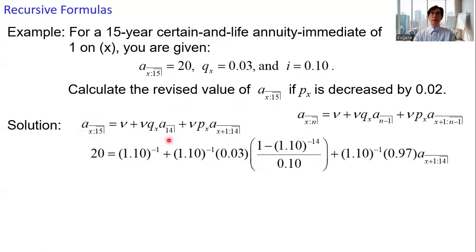So a angle 14 is given by this expression. q_x is 0.03, and the corresponding value for p_x is 0.97. From this expression, we can get the value for the 14-year certain and life annuity immediate, which is 21.4216.